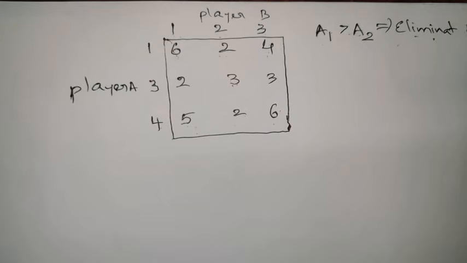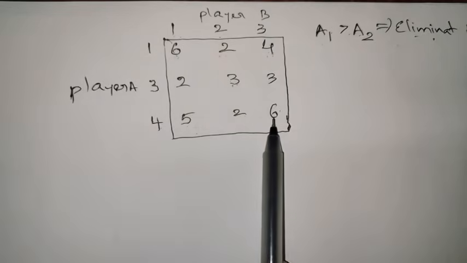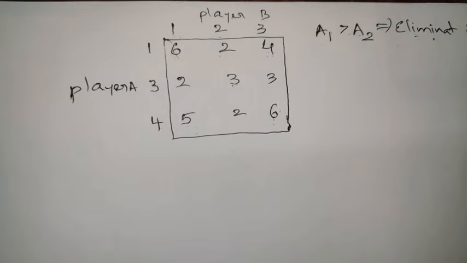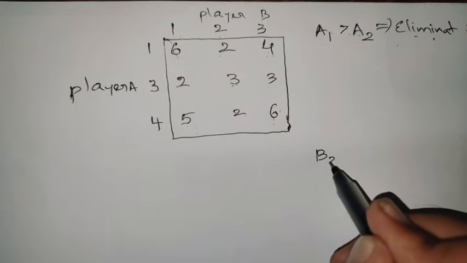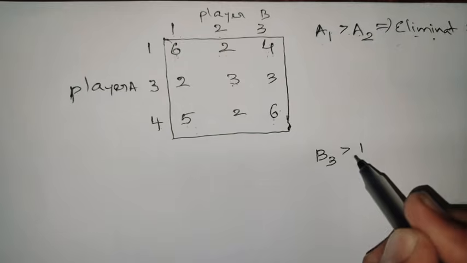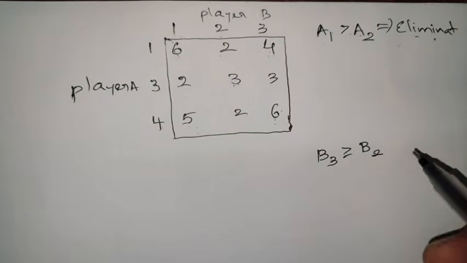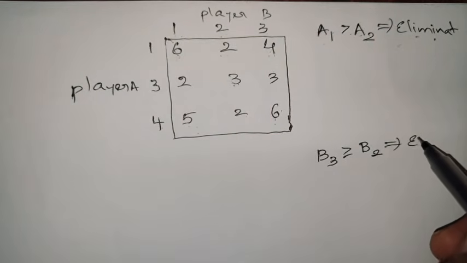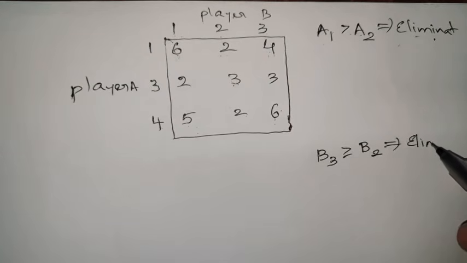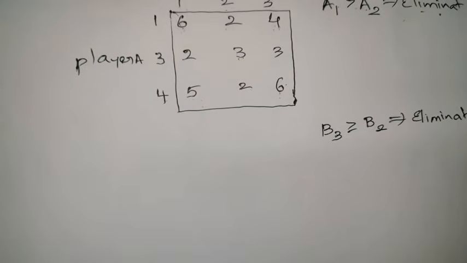Then what do we have to do? The higher values of the column have to be eliminated. So now write here B3 is greater than or equal to B2. So eliminate B3. So now what is the reduced payoff matrix?